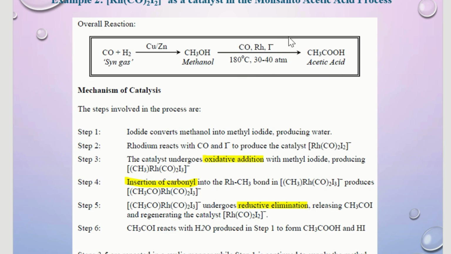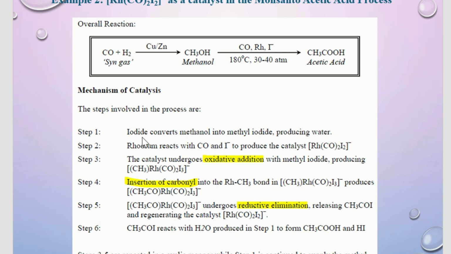So this one involves an organometallic compound. From the mechanism, the production of acetic acid involves 6 steps, step 1 until step 6.